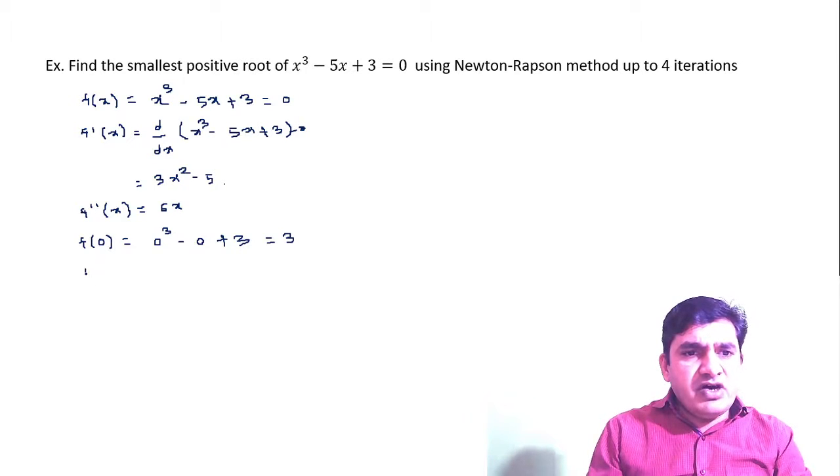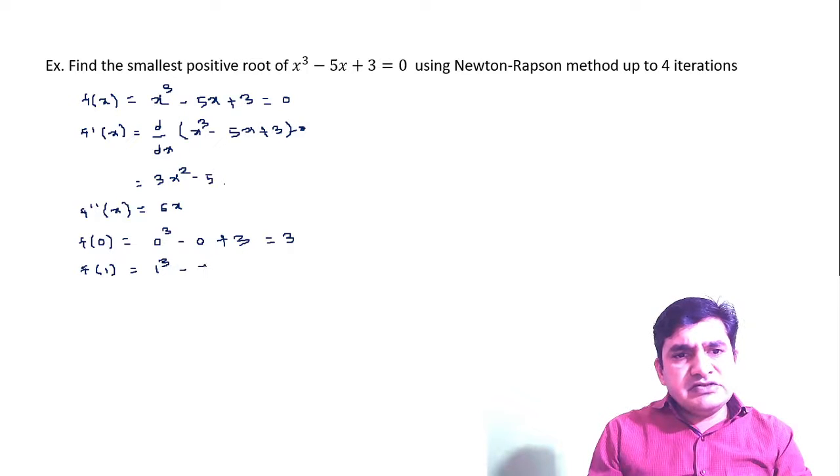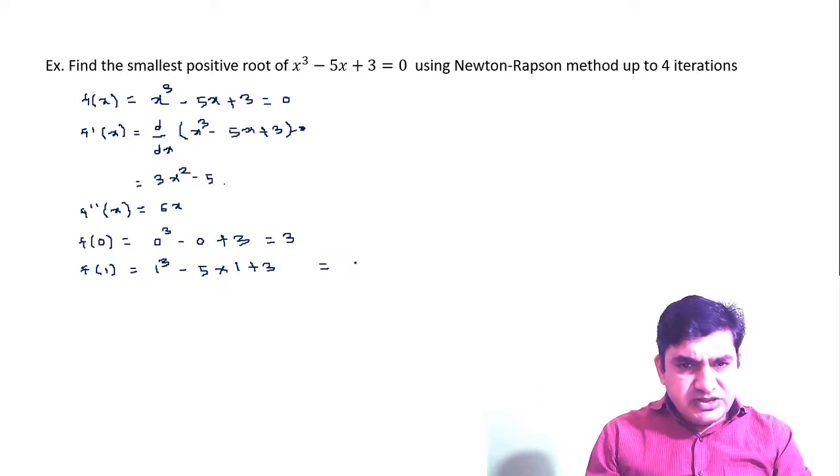Now f of 1 is equal to 1 cube minus 5 into 1 plus 3, so it is equal to minus 1.